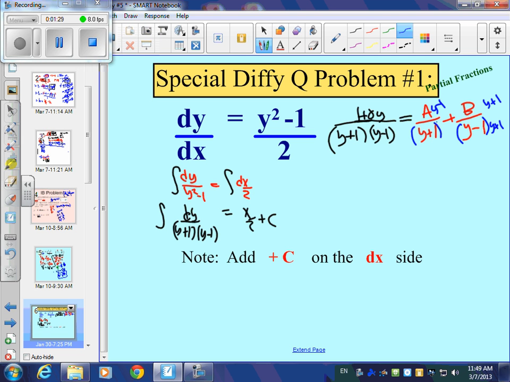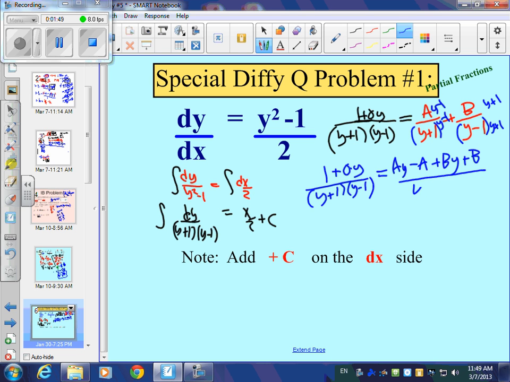Y minus 1, y minus 1. So we'll have 1 plus 0y over y plus 1, y minus 1 is equal to ay minus a plus by plus b over y plus 1, y minus 1.